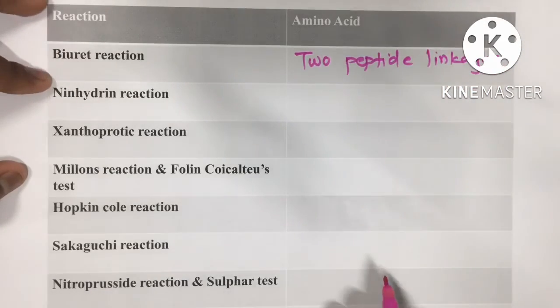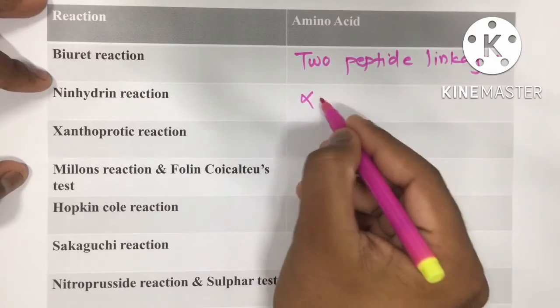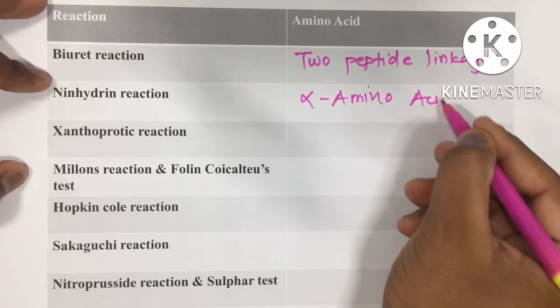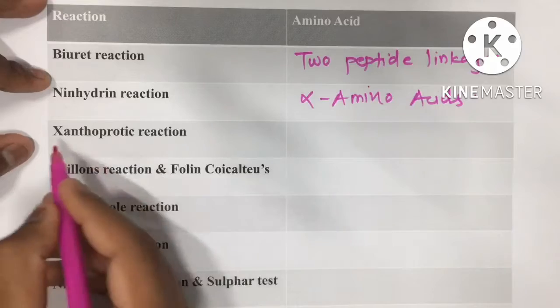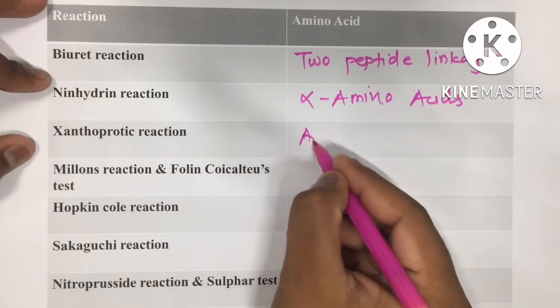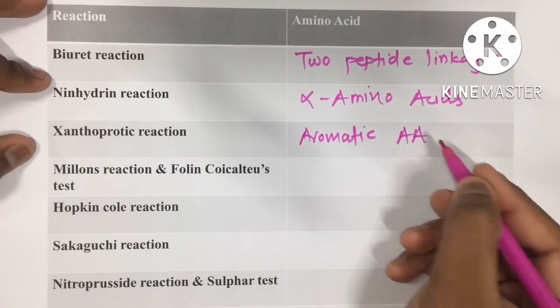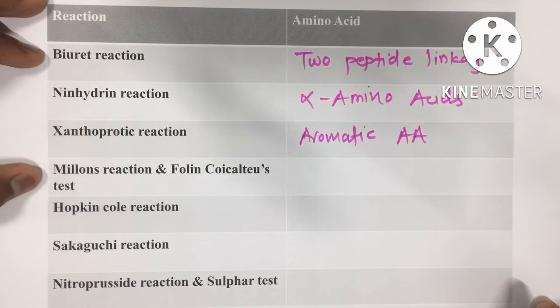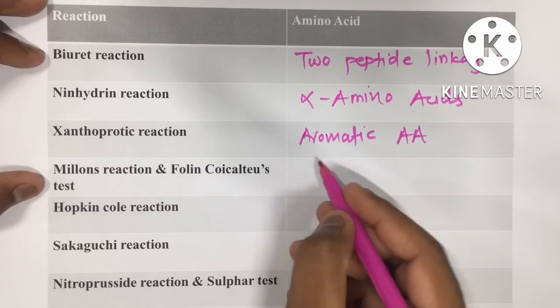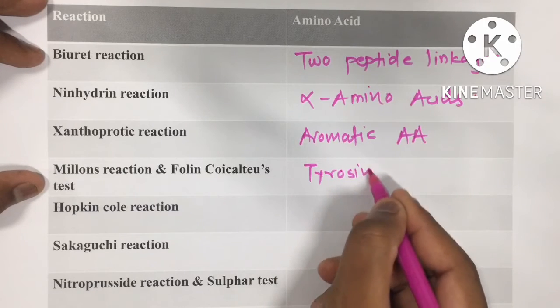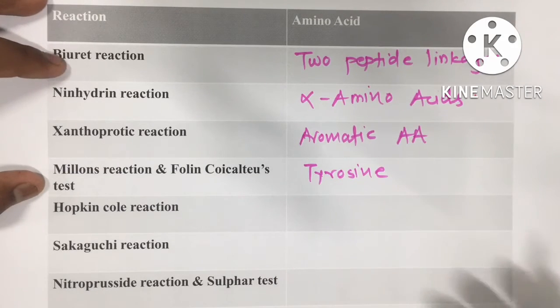Ninhydrin reaction is mainly used for alpha amino acids. Xanthoproteic reaction is mainly for aromatic amino acids. Millon's reaction and Folin-Ciocalteu test are mainly used for tyrosine.